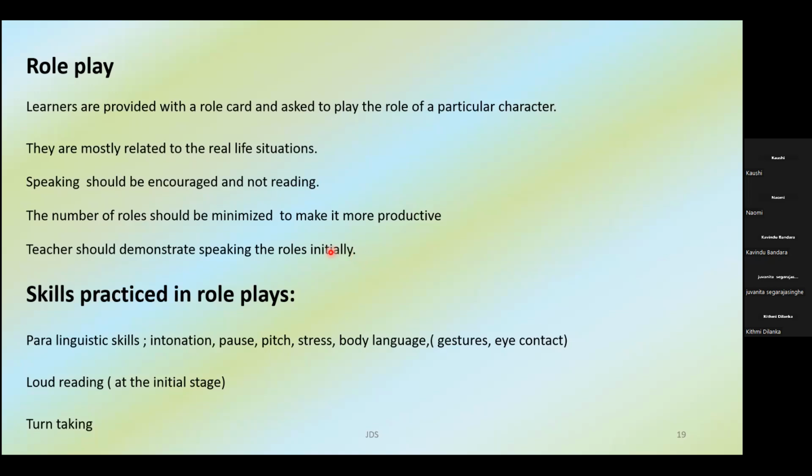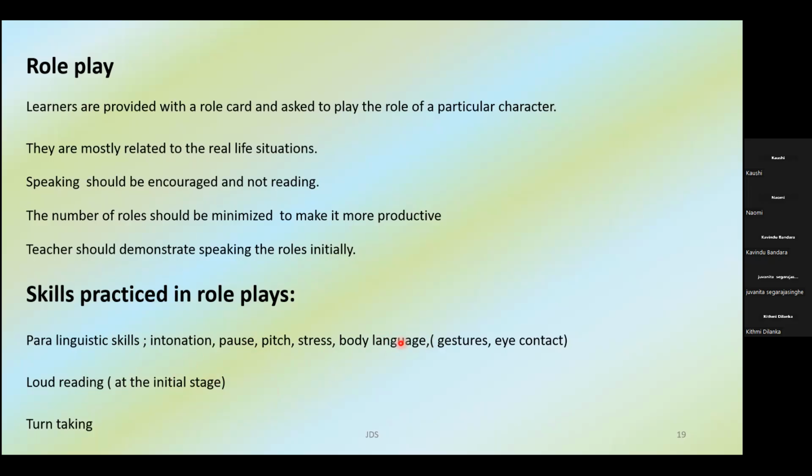Drill if there are any distorted words, or any words that need to be pre-taught. The teacher has to teach them and drill. Then you have the skills practiced, paralinguistic features, not only in role play, in all the speaking activities, they become a part of it.